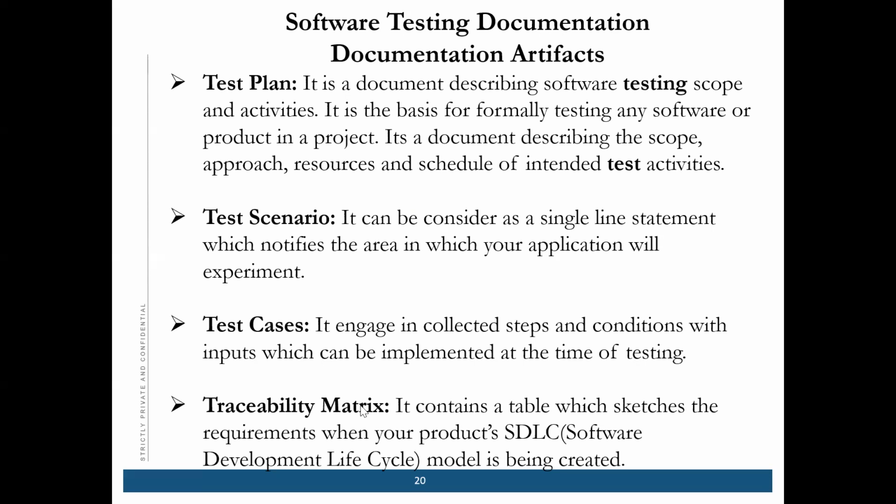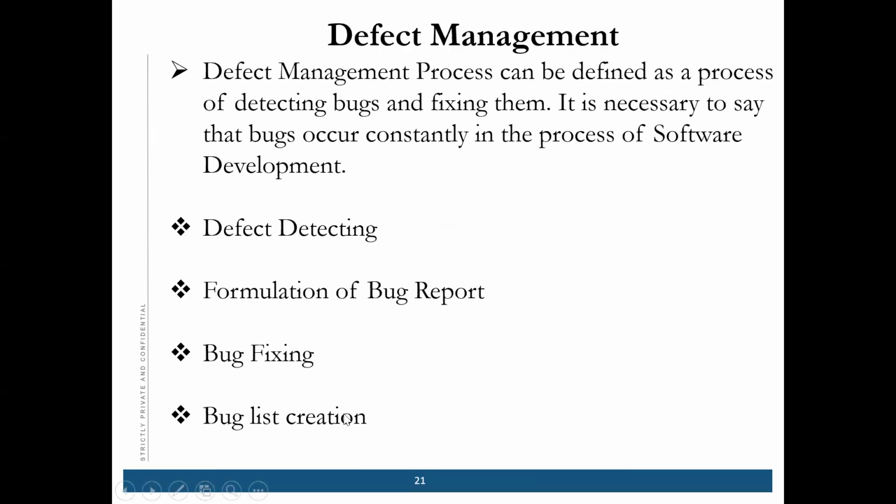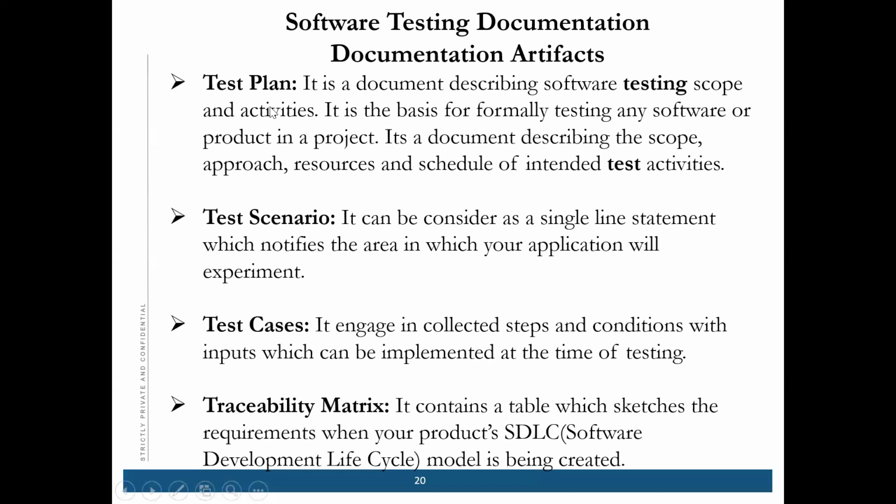Write it down and understand that also. What is test strategy? This is the assignment for you. We'll cover it in the next class if you don't understand. Clear everyone? You have to understand what is test strategy, test plan, test scenario, and what the differences between these things are.